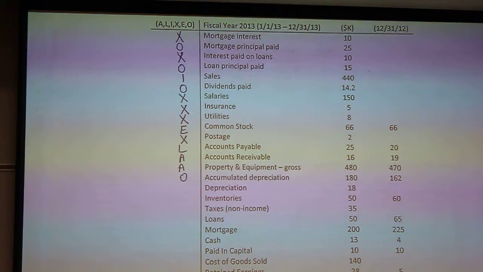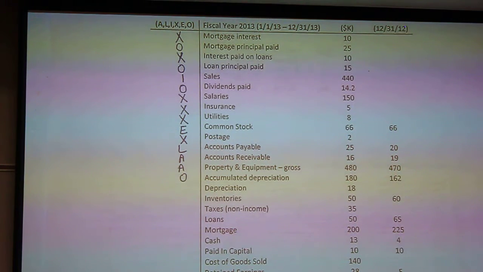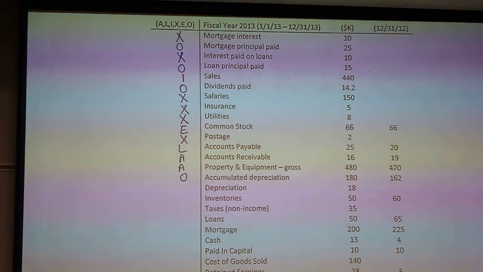This one is gross, okay? For net, you have to subtract your accumulated depreciation. Accumulated depreciation means the amount of property and equipment which is being deducted. When the accumulated depreciation equals property and equipment, you can salvage your equipment and properties.